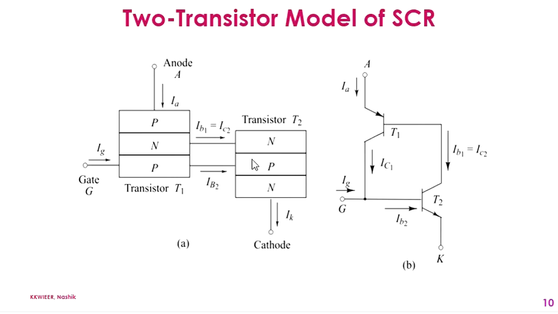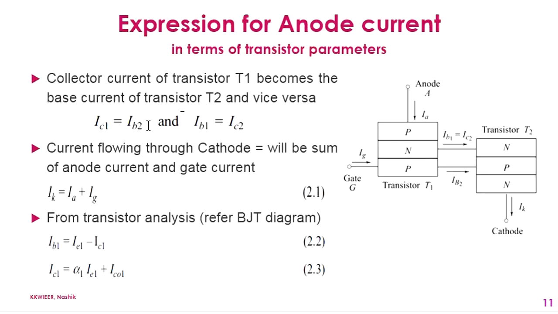Now we will see the expression for anode current in terms of these transistor parameters. From this figure, we can see the collector current of transistor T1 becomes the base current of T2, and vice versa.